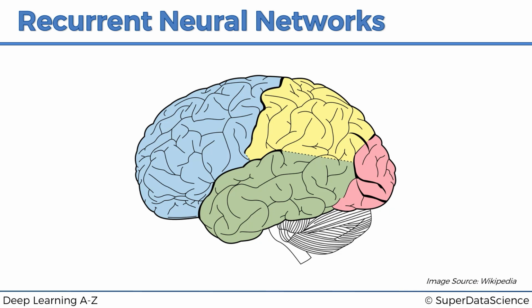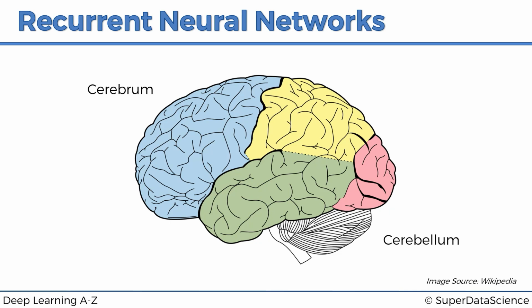Here we've got the human brain. It's got three parts. We've got the cerebrum, which is all of this colored part. Then we've got the cerebellum, which is underneath there, and that's the little brain. I actually looked it up in Latin, and it does mean little brain. How funny is that? We've already looked at a dissection of the cerebellum in the part where we were talking about ANNs, that big orange picture where we saw all of those little neurons and were trying to gauge how many there are.